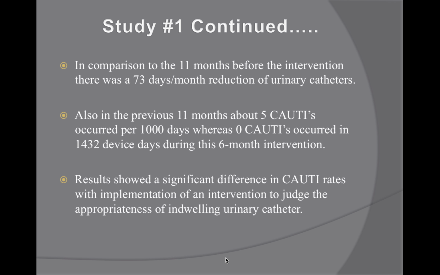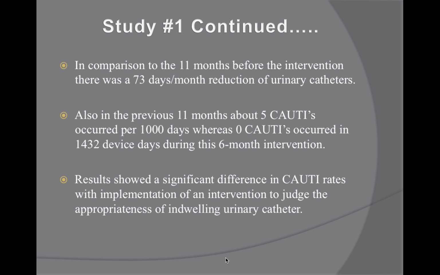In comparison to the 11 months before this intervention took place, there was a 73-day per month reduction of urinary catheters. Also, in the previous 11 months, about 5 CAUTIs occurred per 1,000 days, whereas during this interventional study, there were 0 CAUTIs that happened in these 1,432 device days during this 6-month intervention.